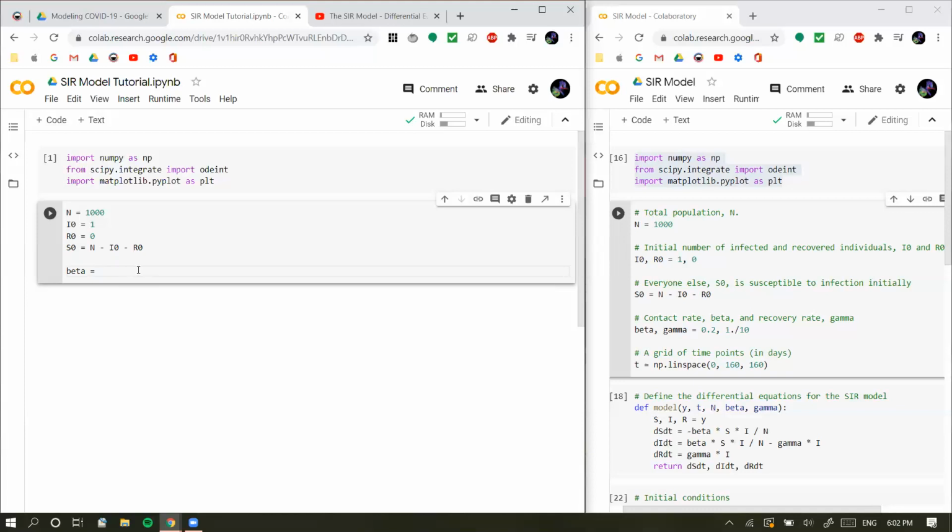So in this case, scientists have determined that it's 0.2, okay? So this means that there's a 20% chance that this kid will come into contact with someone else and get them infected. So that's what we call the contact rate. So beta, the contact rate, is equal to 0.2.